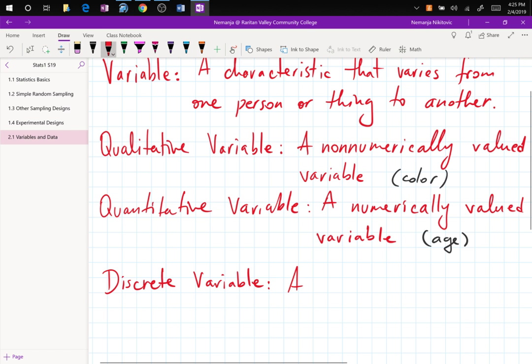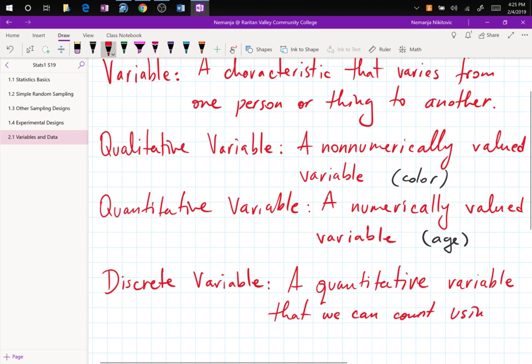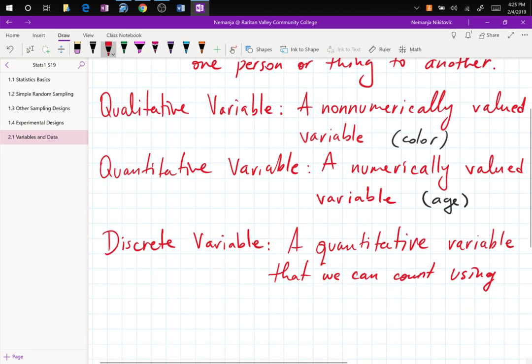So a quantitative variable that we can count using whole numbers.